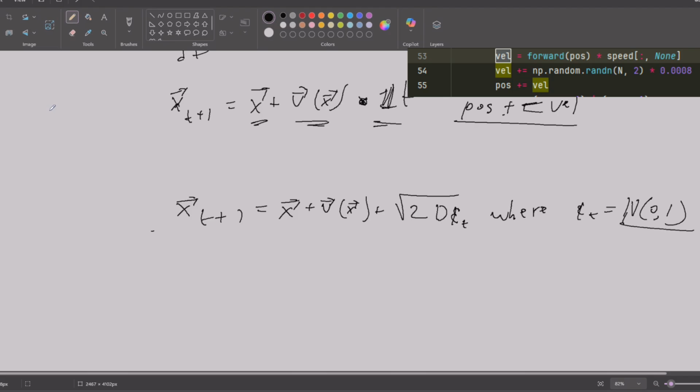So this is also statistics related. The d is the diffusion coefficient basically. So here in this case, it's known to be 0.0008. It's a pretty small number. And without this term, particles are going to be falling into perfect repeating orbits, and it's going to look really mechanical and pretty fake. So this tiny noise basically just breaks the symmetry and keeps everything feeling really alive.